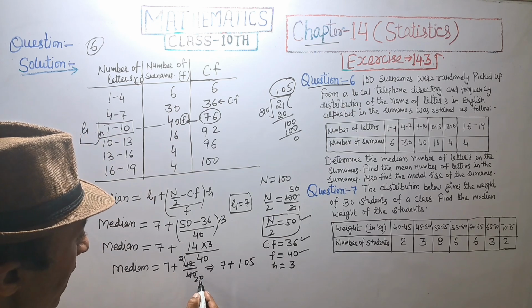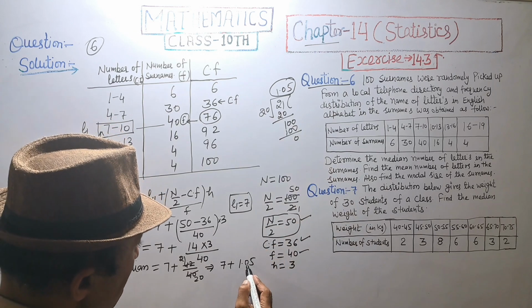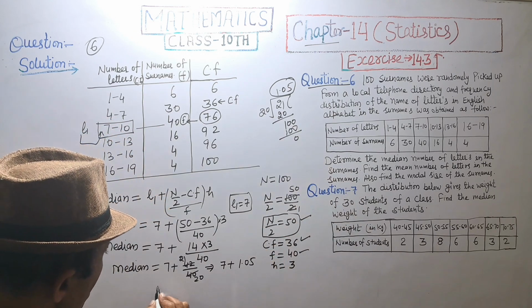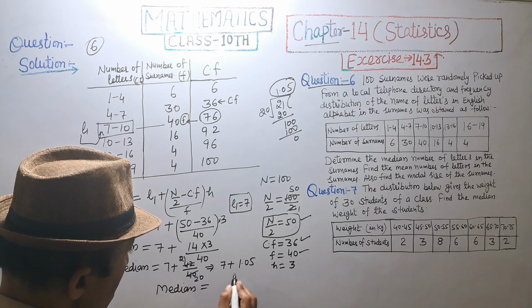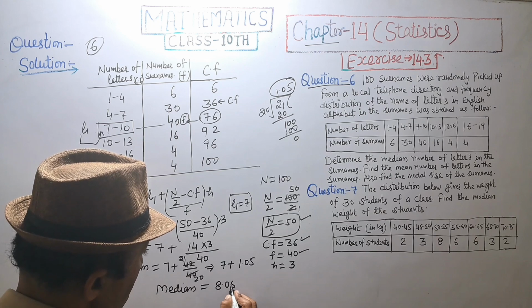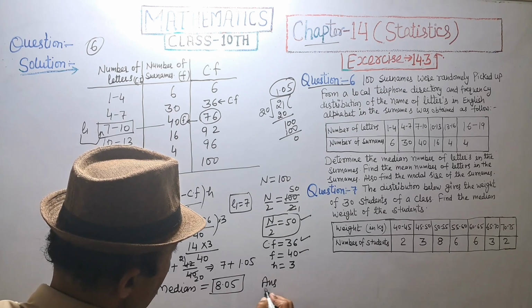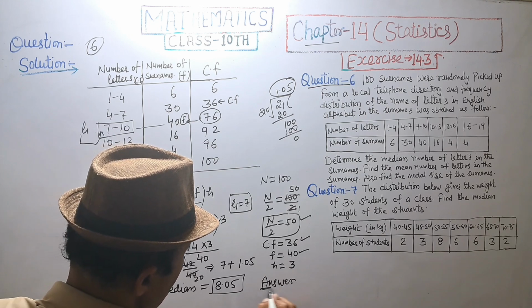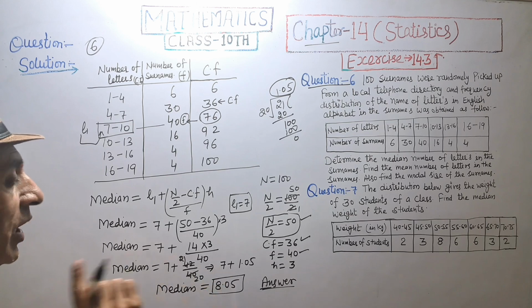So median is equal to 7 plus 1.05, that is 8.05. Answer: median equal to 8.05.